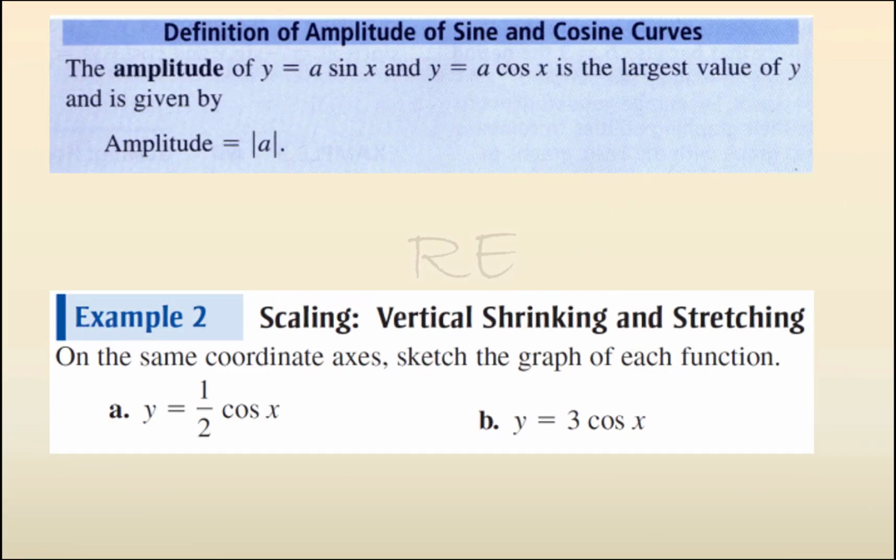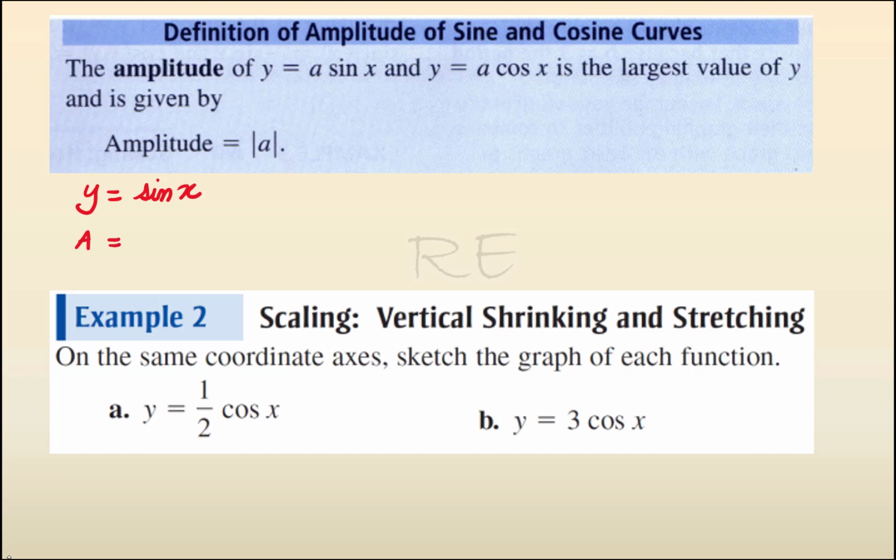The amplitude of a trig function is half the distance between its highest value and its lowest value. It is the absolute value of the coefficient of that function. Amplitude is equal to the absolute value of a.